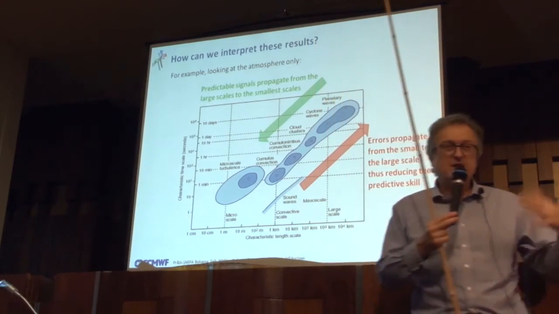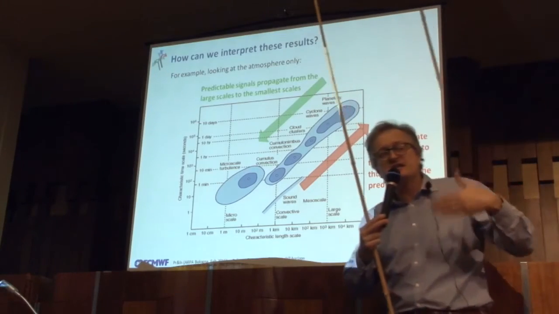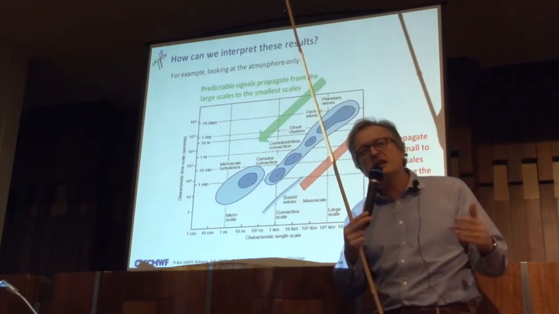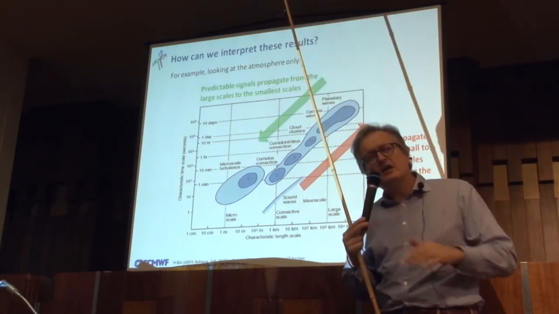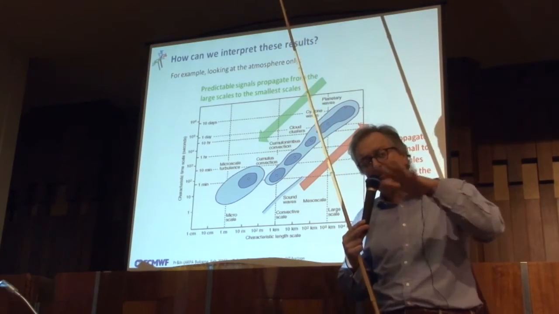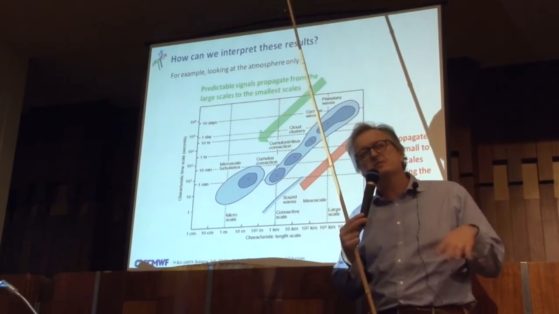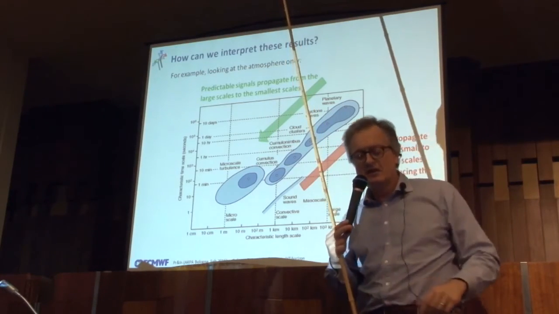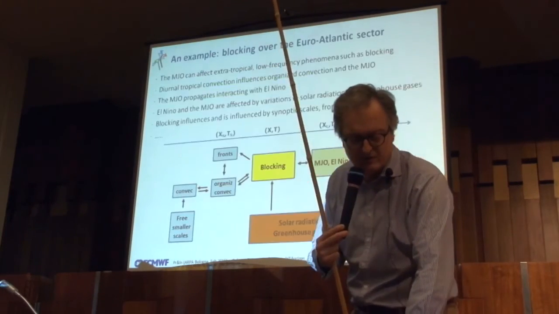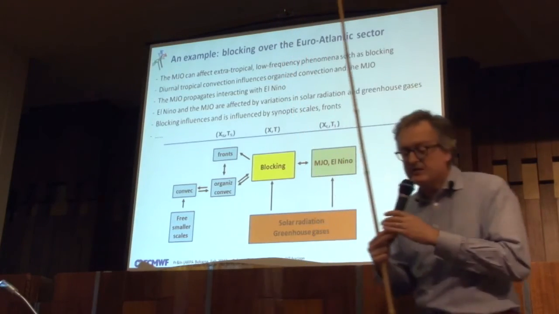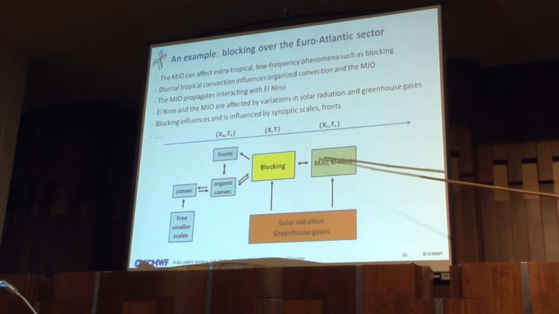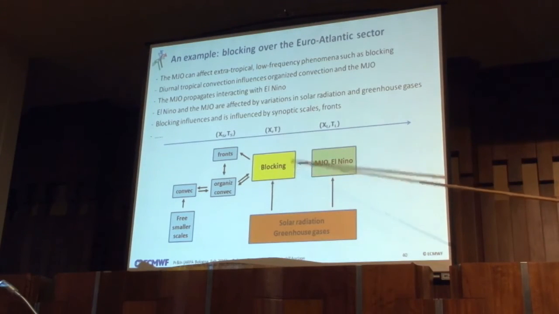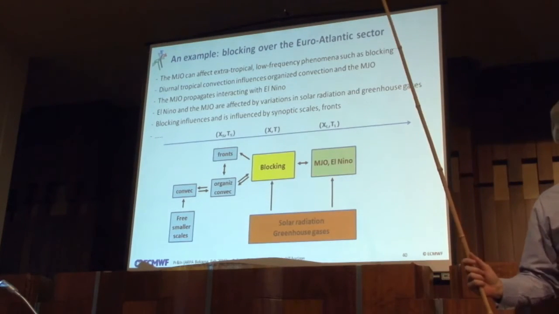If we think then about the large scales, because we have, for example, a dynamical ocean that evolves with a lower frequency than the atmosphere, that can also induce skillful prediction at longer scales. This is, for example, how you can draw that box diagram for a prediction of blocking over the Euro-Atlantic sector.